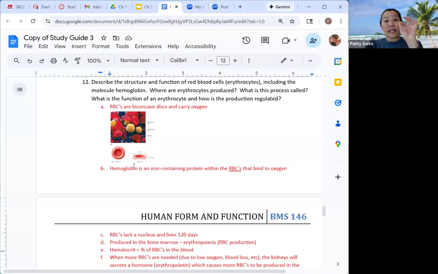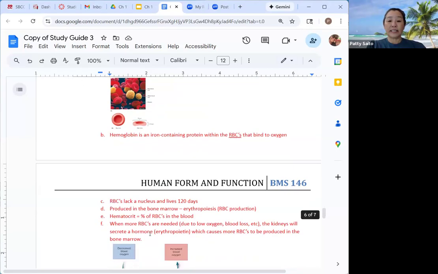And that's what it is. It's thinner on the inside. So when you look at it here, it's like an inner tube without the hole completely all the way through. All right, and so biconcave, it's concave on both sides. Kind of a funny thing. And it carries oxygen. Another thing about it: it lacks a nucleus.